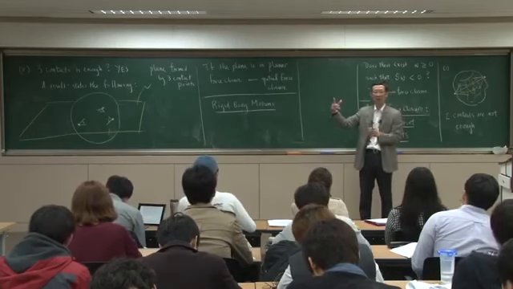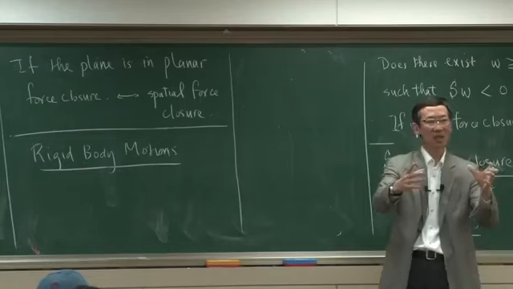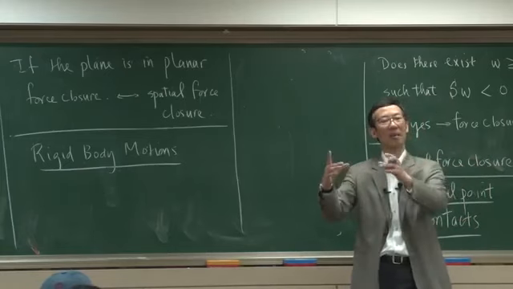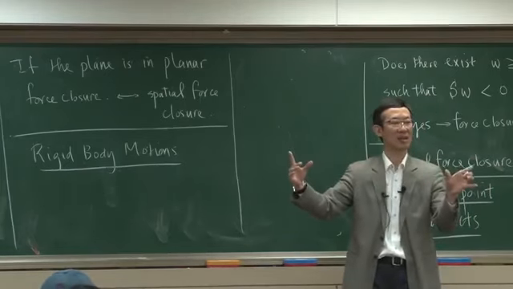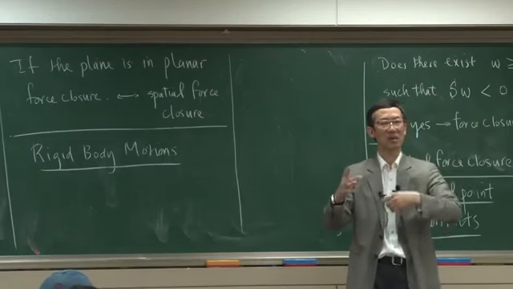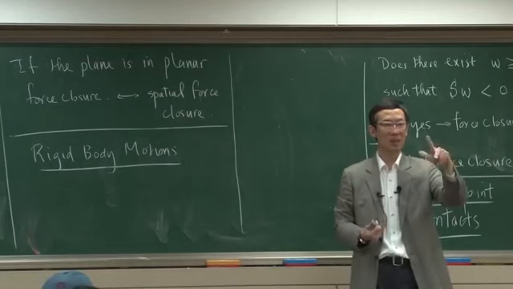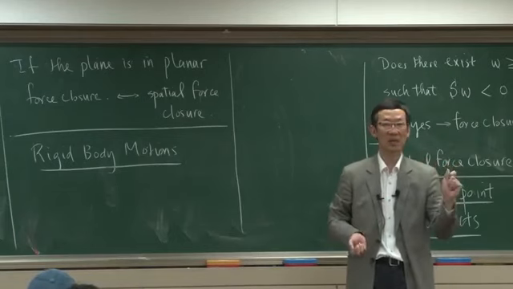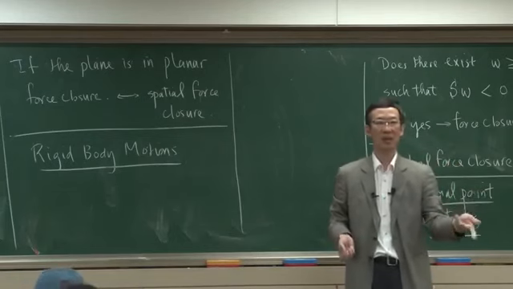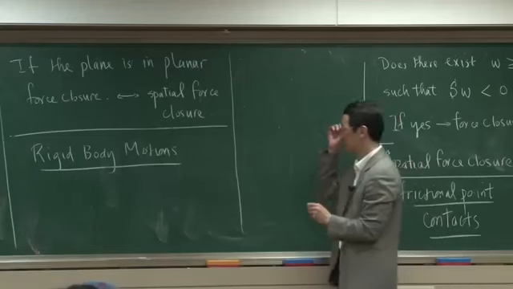Remembering that a robot is nothing more than a bunch of bodies connected by joints, we have to find ways to describe the position and orientation of a rigid body. We talked about that a little bit. We're going to do that in a more formal and thorough way here.